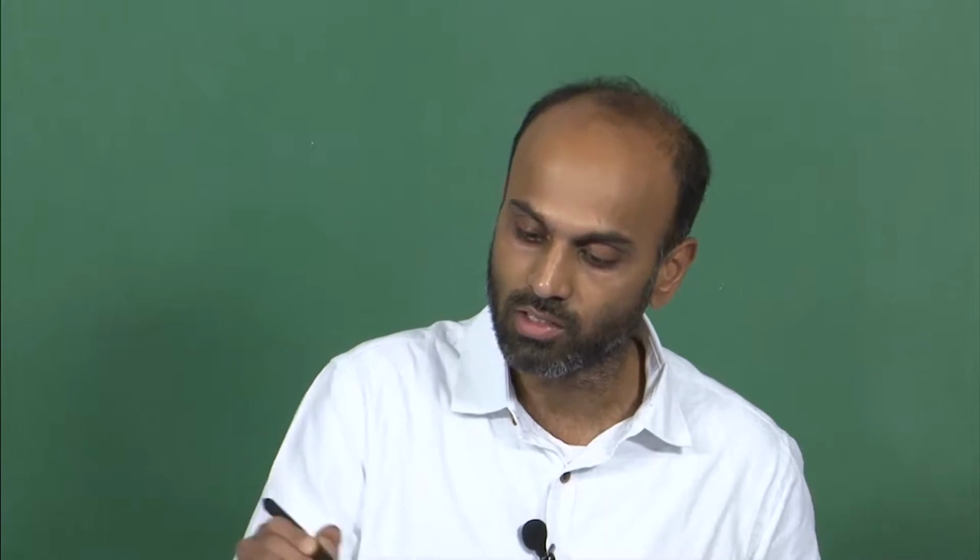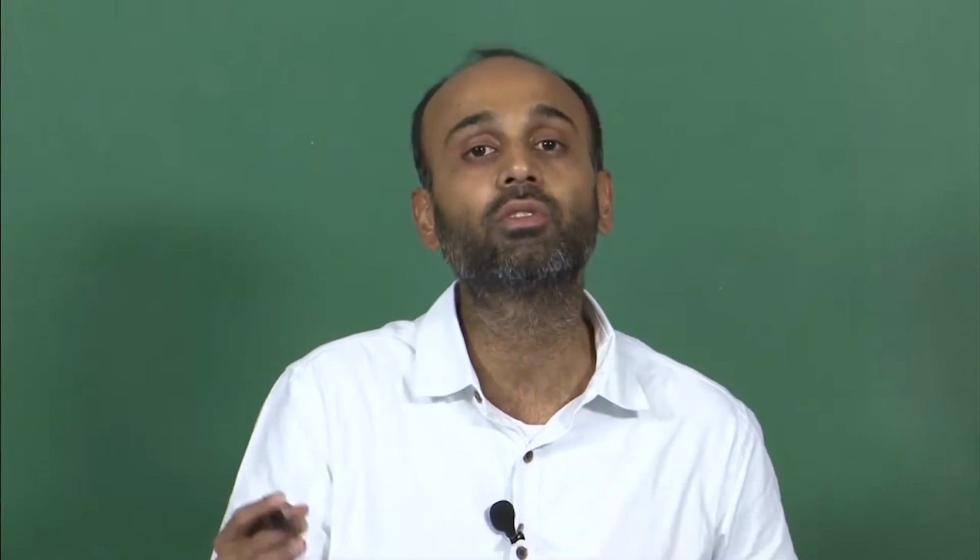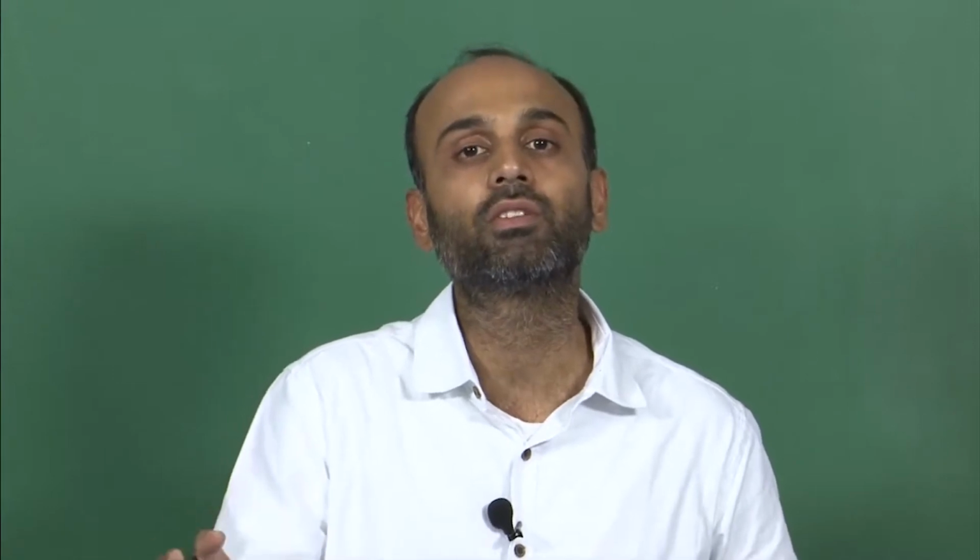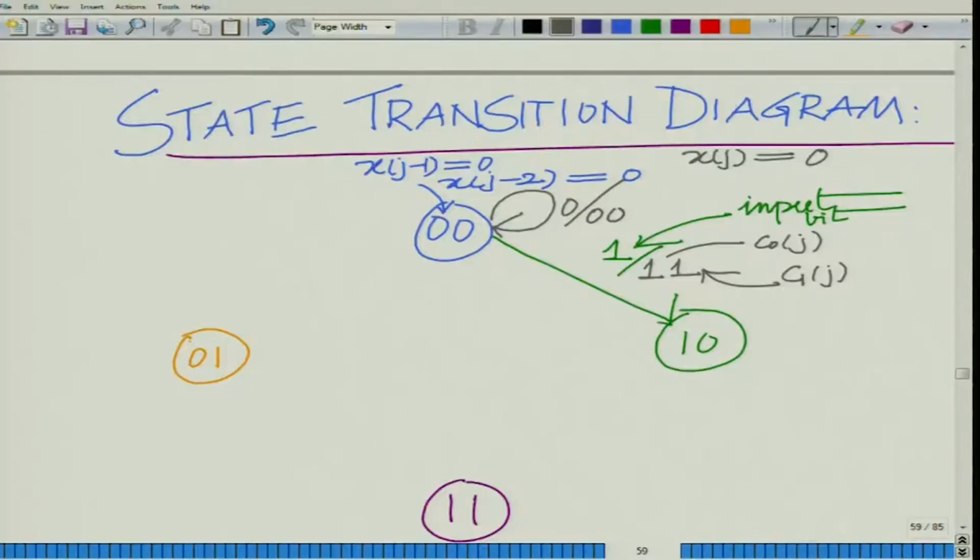Input bit 0 transitions only back to 0 0, and the outputs are also x_j plus x_{j-2}, 0 plus 0, so C0 of j is 0, and x_j plus x_{j-1} plus x_{j-2}, 0 plus 0 plus 0, so C1 of j is also 0. So, 0 0 transitions back to 0 0 and generates 0 comma 0.